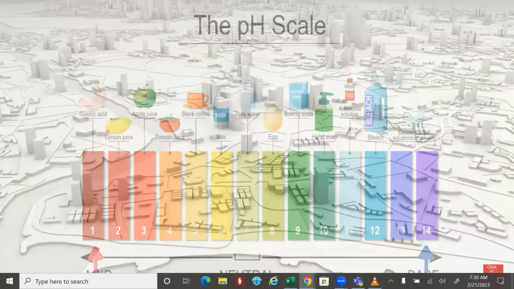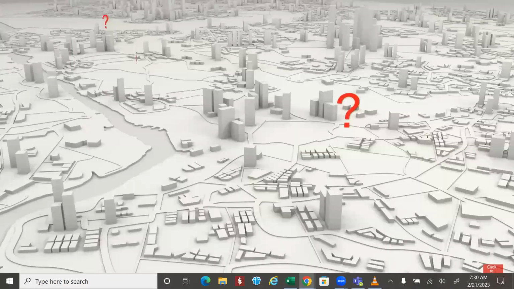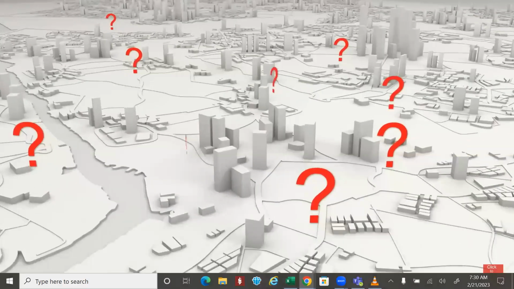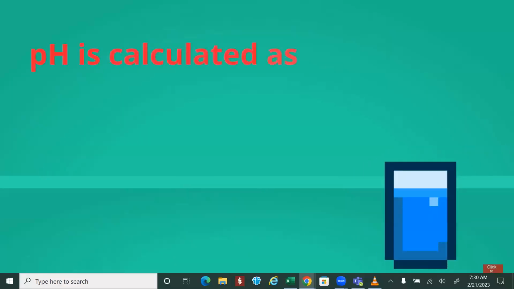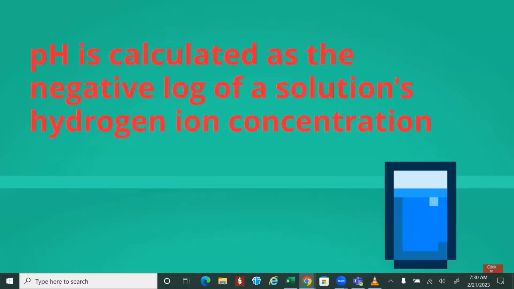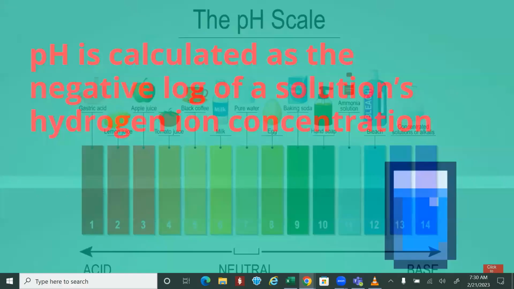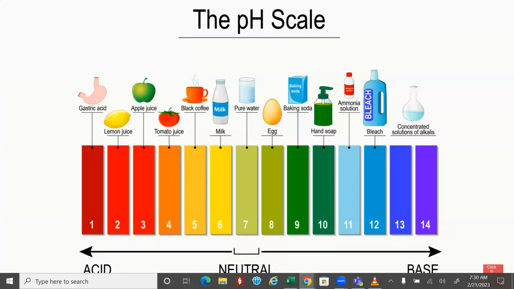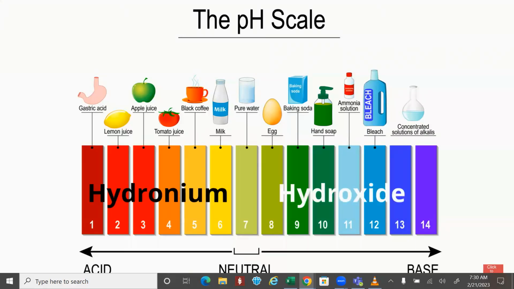So what creates acid and base? Technically, pH is calculated as the negative log of hydrogen concentration. But it's very simple. Acids gain hydrogen ions and create ammonium, and bases are created by losing hydrogen ions and creating hydroxide.